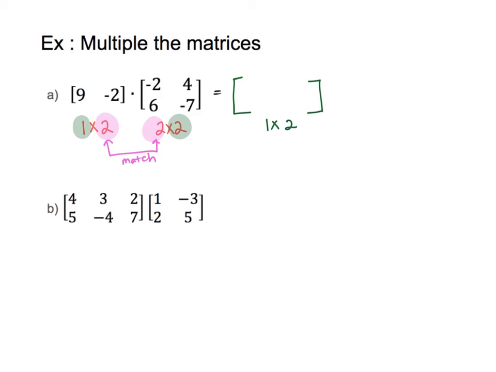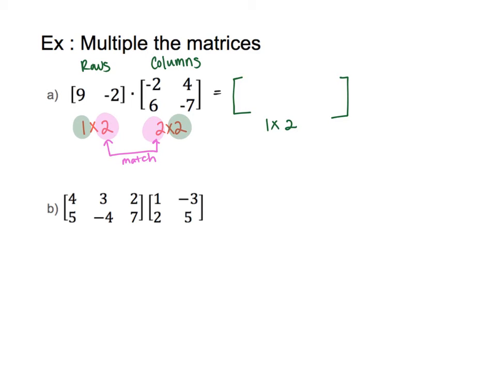I'm going to try to show as much work as possible. I have a feeling that I might need more space, so I'm just going to make this a little bit bigger. All right, so what we're going to try to do here is always use the rows from the first matrix. Your first matrix, you're only going to use its rows. In the second matrix, you're always going to use the columns.